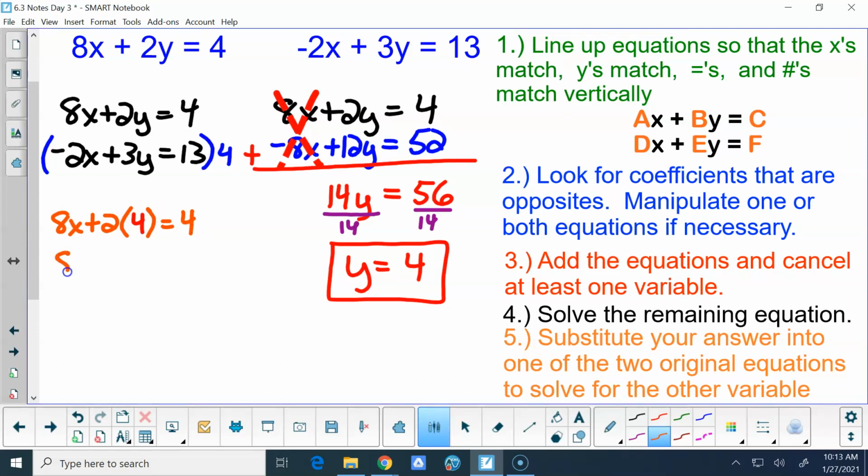That would be 8x plus 8 equals 4. 8x, we subtract 8 from both sides, equals negative 4. Divide both sides by 8.